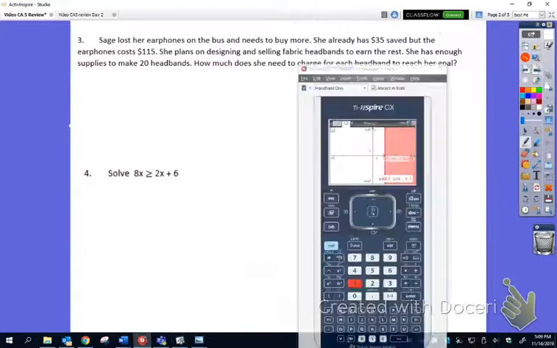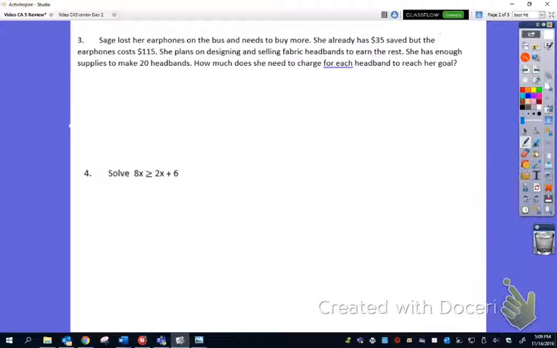Number 3, Sage lost her earphones on the bus and needs to buy more. She already has 35 saved, but the earphones cost $115. She plans on designing and selling fabric headbands to earn the rest. She has enough money to make 20 headbands.